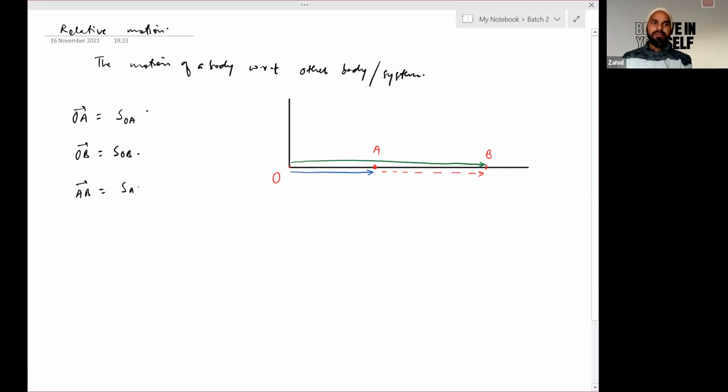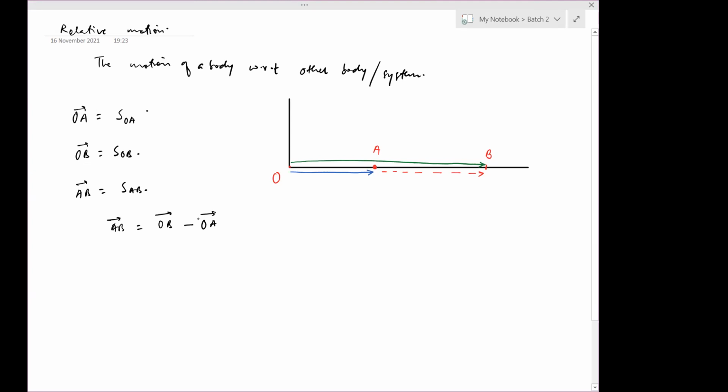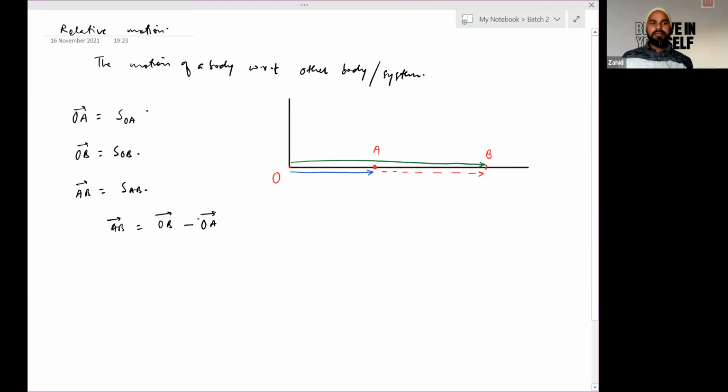So it will be the displacement from A to B. Now, if you want to combine these three terms, AB is equal to OB minus OA. Is it clear? Yes, sir. So these are displacements. If we divide them by time, it will give you velocity.